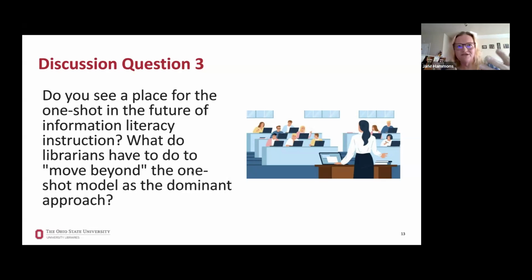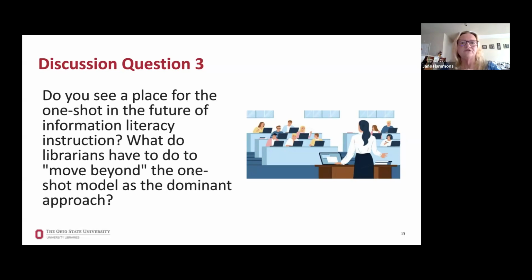But the way I would envision it would be that if the faculty member, the instructor, had participated in faculty development programming, had a better understanding of information literacy, had been working with a librarian to develop their assignment, that one-shot session was going to be more meaningful than if it was just, I'm going away for a conference.